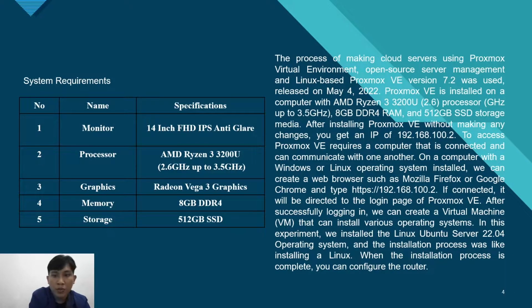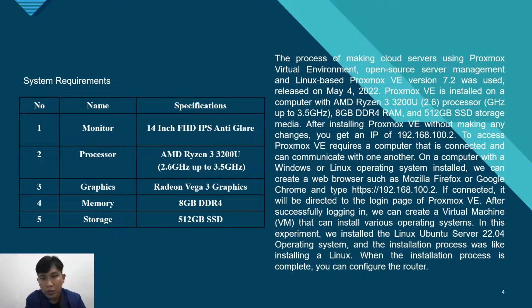After installing Proxmox virtual environment, without making any changes, you can get an IP address of 192.168.100.2. To access Proxmox VE requires a computer that is connected and can communicate with it.